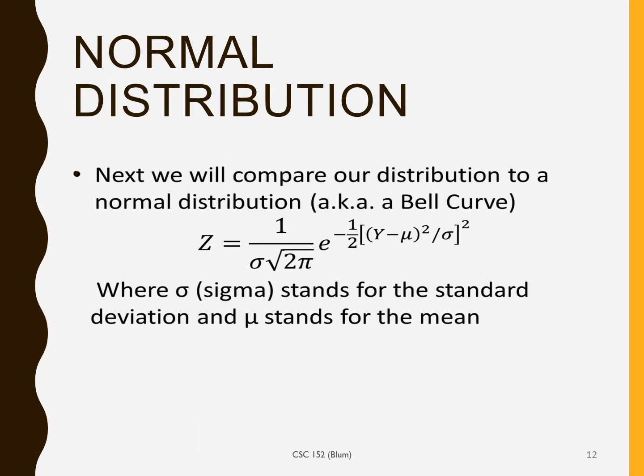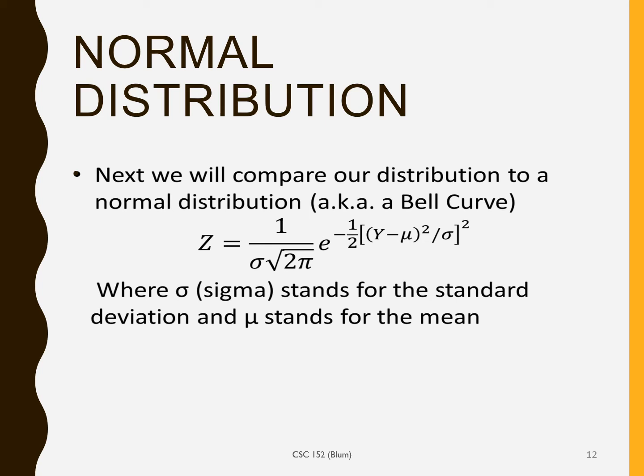Recall that we want to compare this to a normal distribution or bell curve. And so we're showing here the formula for a bell curve. Remember that we said the bell curve, the normal distribution, has 2 parameters. So here in the function shown, the y is the variable. It's the thing that changes.